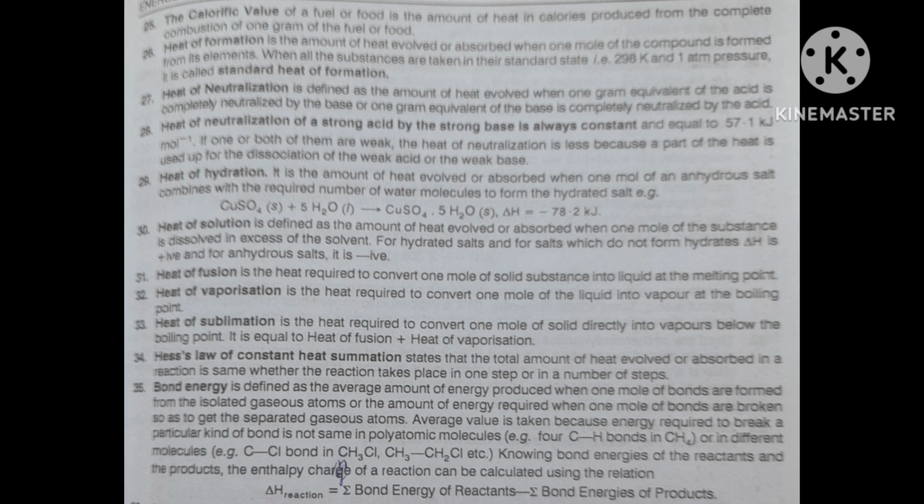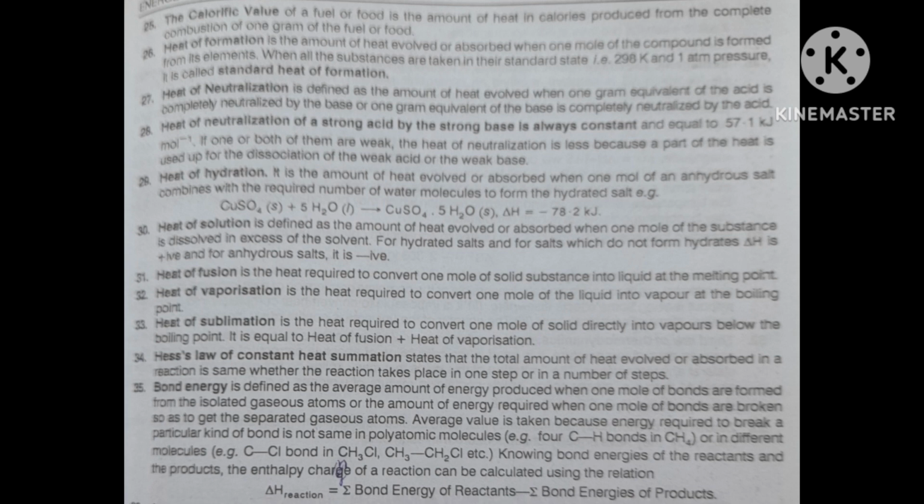Delta H reaction is equal to summation of bond energy of reactants. The sign of summation you have to write. Okay, that is the total bond energy of the reactants. That's why the summation sign is written.